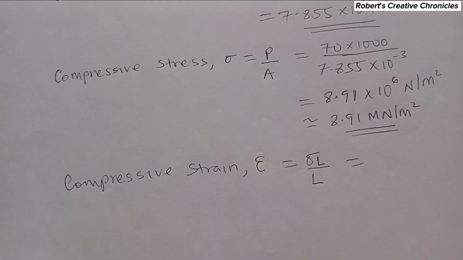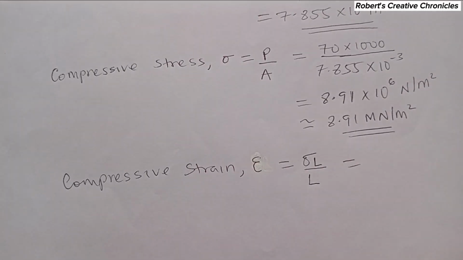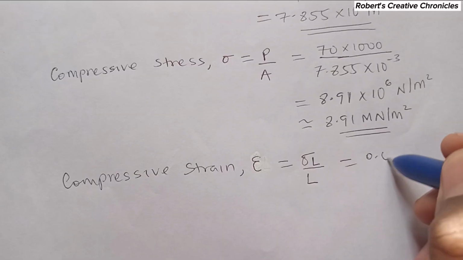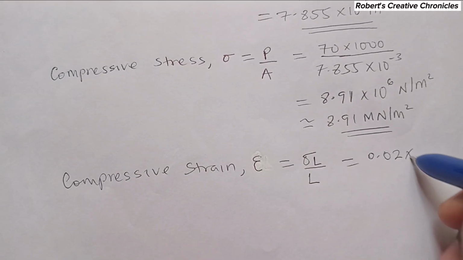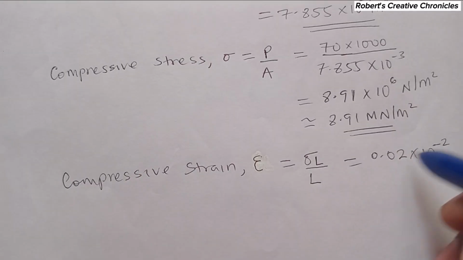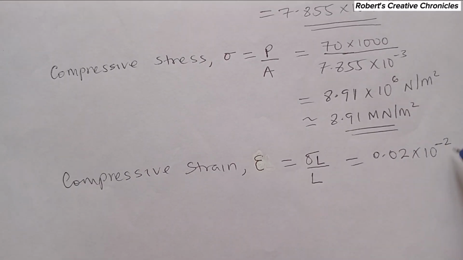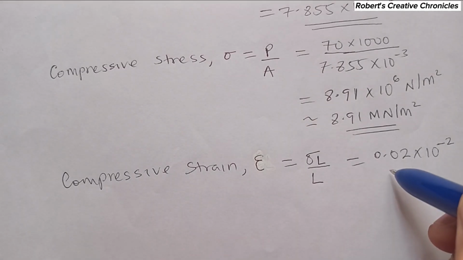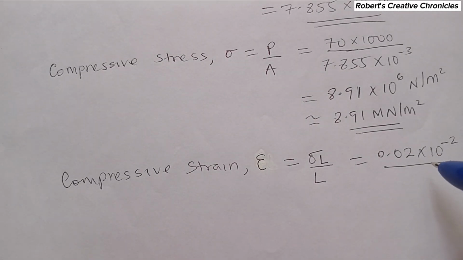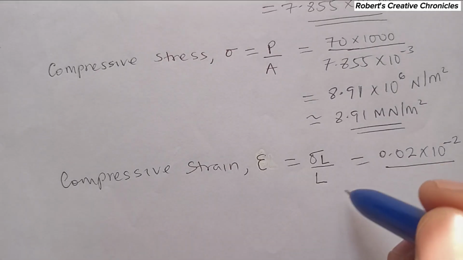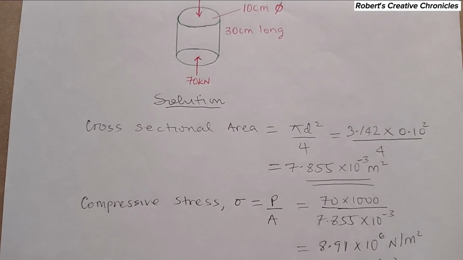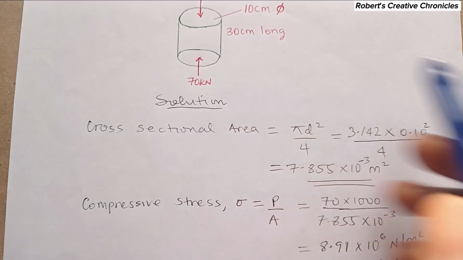So we can convert it. It will be 0.02 times 10 raised power of minus 2. Since centi is 10 raised power of minus 2, we have converted it to meter. The original length is what? The original length is 30 centimeter.